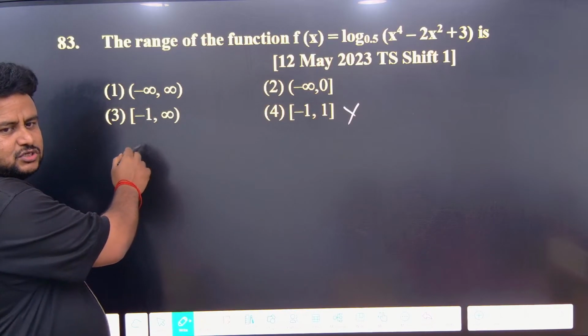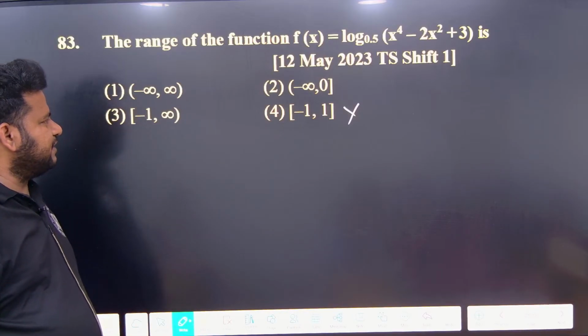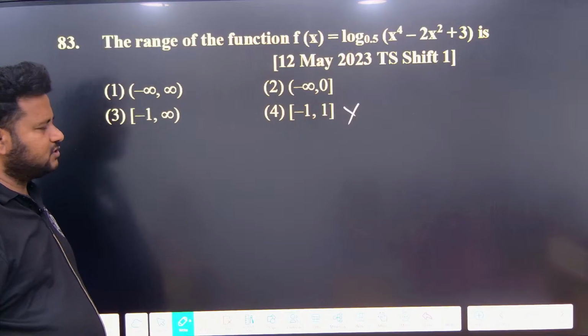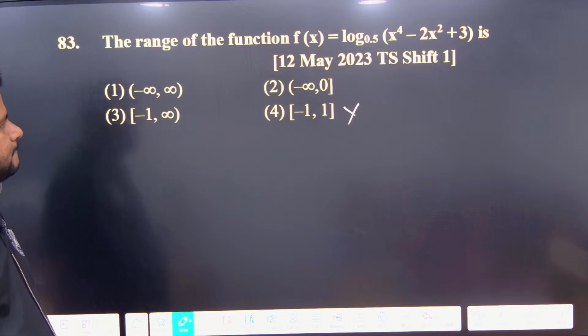Which option will you eliminate? Second option you want to eliminate. Why? 0. What's wrong with 0? Okay, fourth option you eliminated, fine.